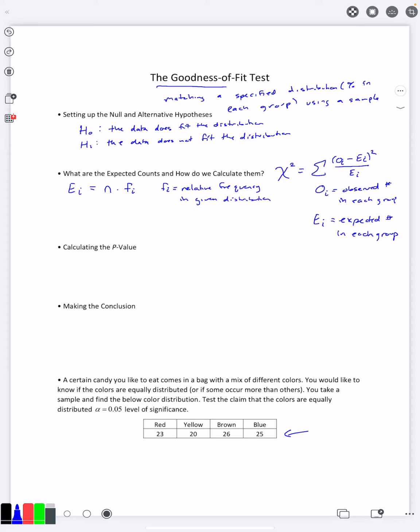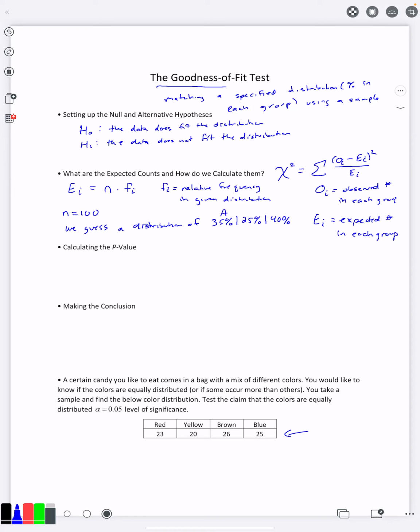So what do I mean by that? Let's say that N is 100 and we guess a distribution of 35%, 25%, 40%. So there's going to be three categories, whatever it is we're talking about.